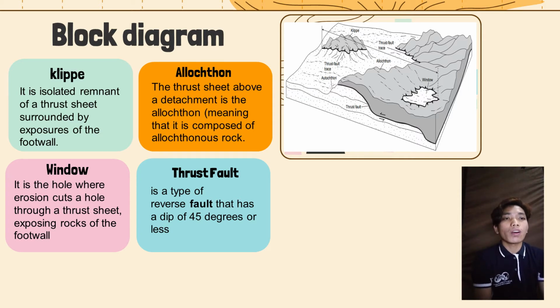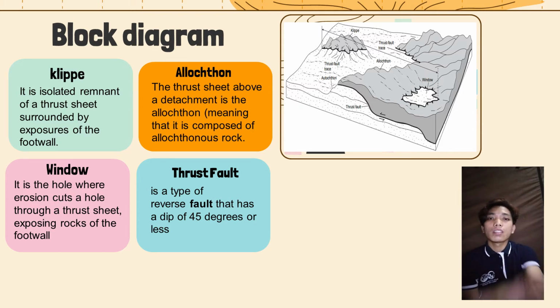It is a type of reverse fault that has a dip angle of 45 degrees or less. So that's all. Let's proceed to the characteristics of faults and fault zones, to be reported by my group mates.